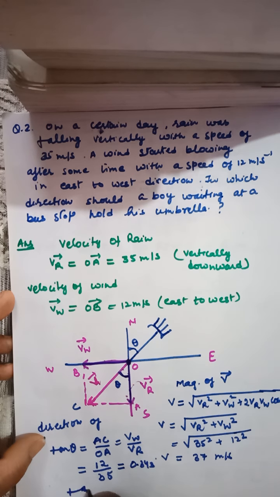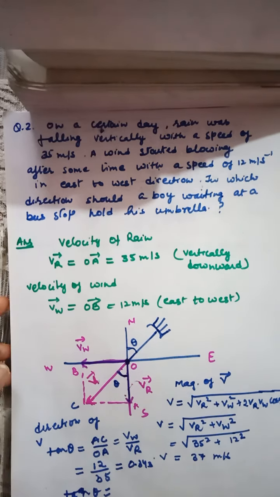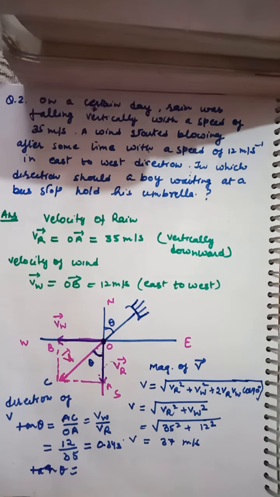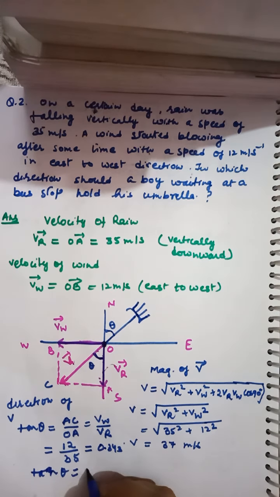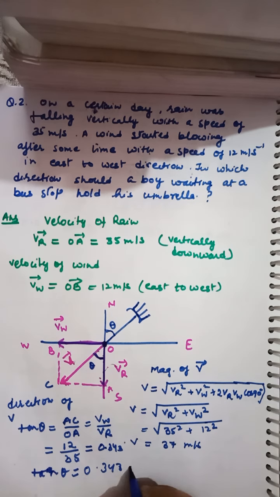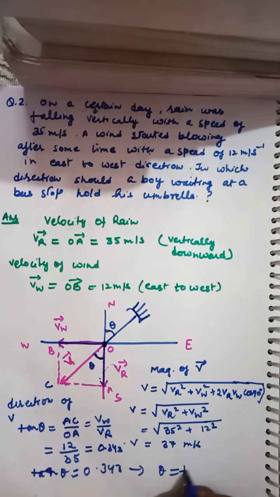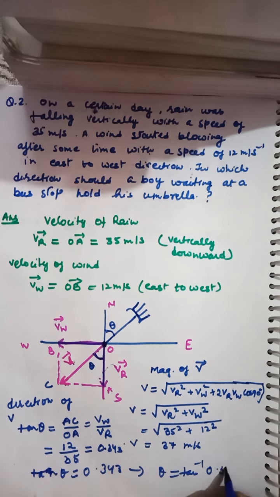So tan theta comes out to be 0.343, or you can say theta is equal to tan inverse 0.343. This is the method of solving this question.